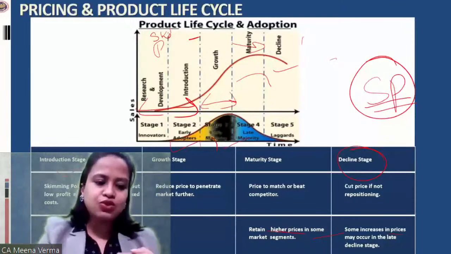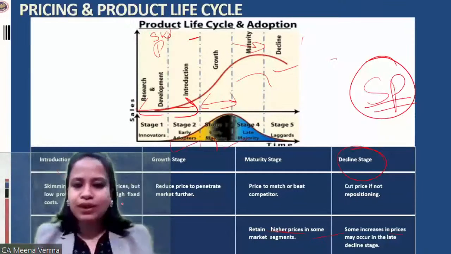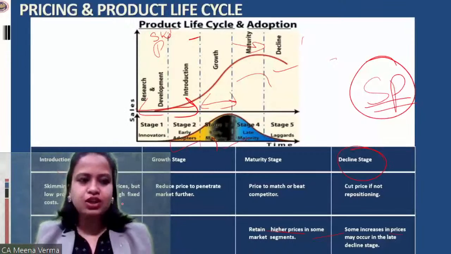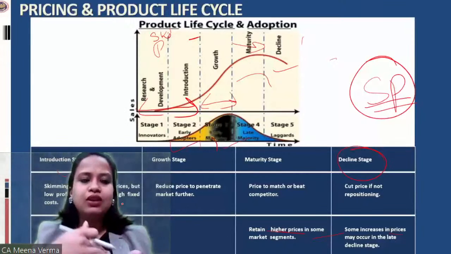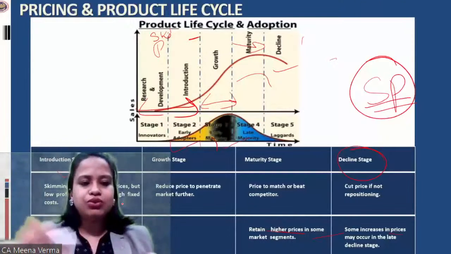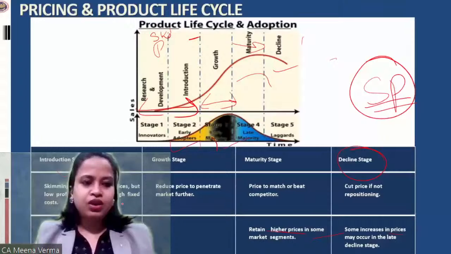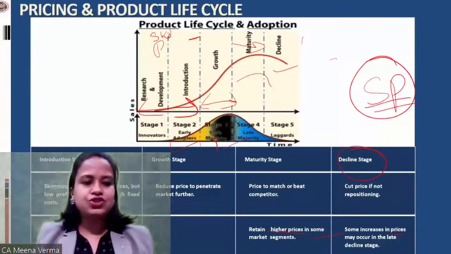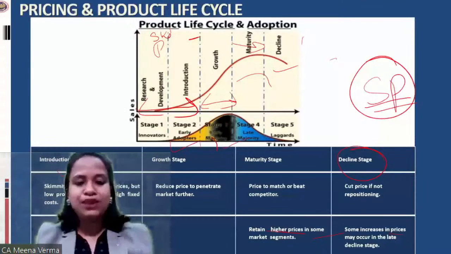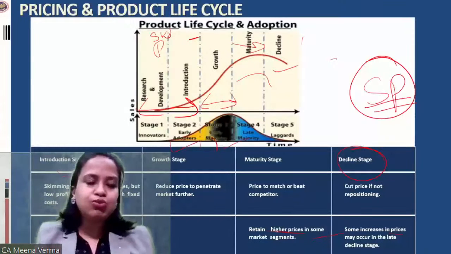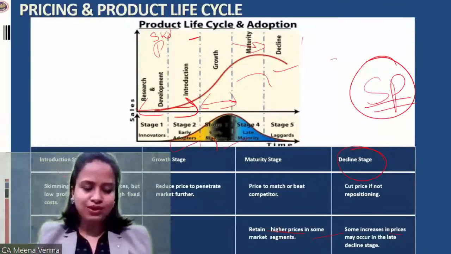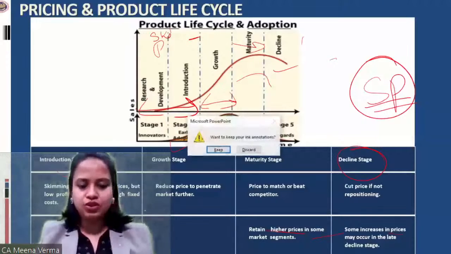Once you have penetrated the market, captured the market and become market leader, later on you can increase the price in order to get more profit. Generally you do penetration, and predatory pricing you can do in order to remove your competitor completely from the market, which is generally not a good practice.